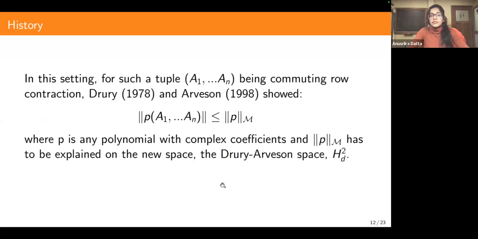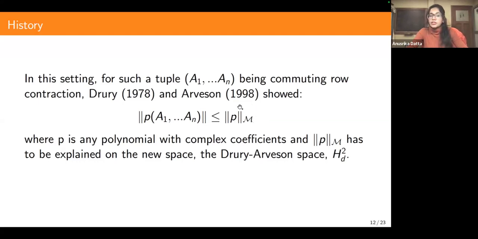Now, in the setting of such a tuple A1 through AN being a commuting row contraction, Drury and Arveson showed that this inequality holds. The left side is the same as the von Neumann inequality, but the right side is something different than the sup norm.